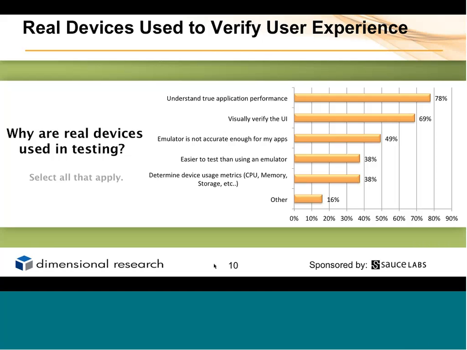Are people choosing it because they necessarily need to have the physical device to see the UI, or are there tools and capabilities out there in the market today that people aren't aware of that would allow them to perform that equally well, perhaps not on a real device, maybe on an emulator or maybe using a remote physical device? Still to be determined. Next slide, please.